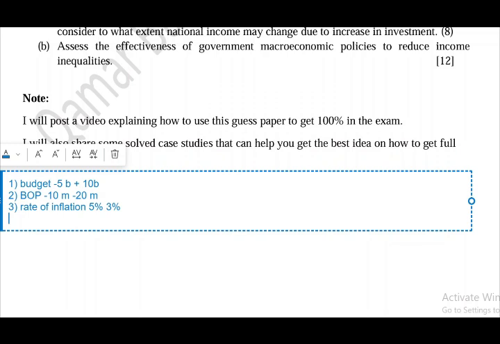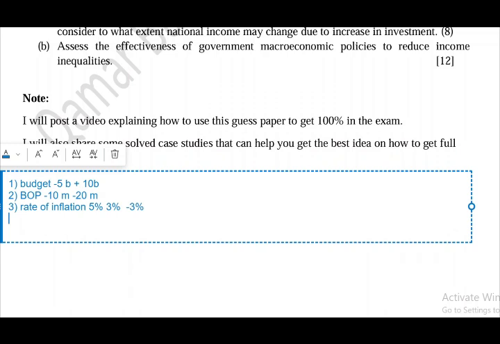So keep in mind, prices haven't decreased, rather prices have increased, but with a lesser proportion. Initially it rose by 5%, now it has increased by 3%. However, if inflation rate moves to negative, let's say minus 3%, then it is a fallen price level, or it is also called deflation.